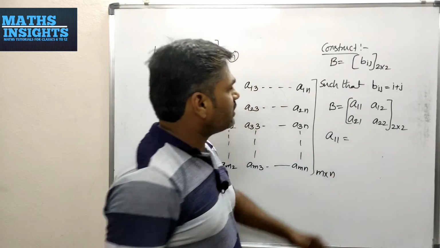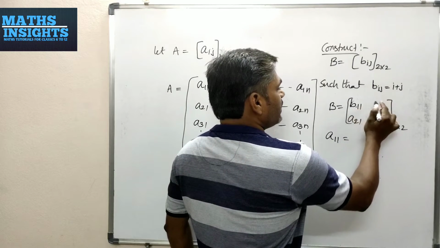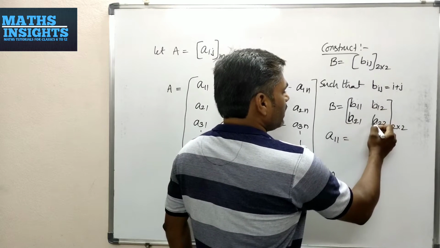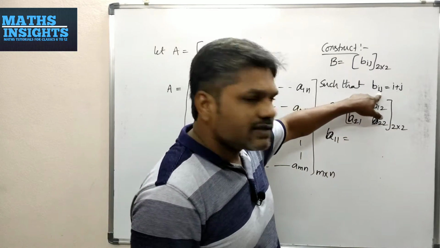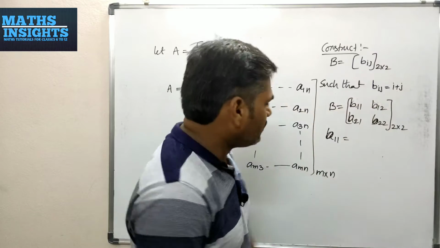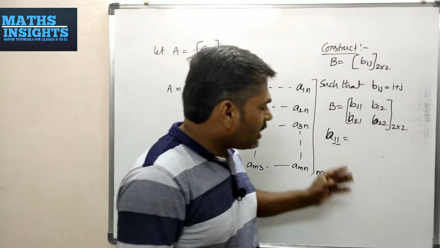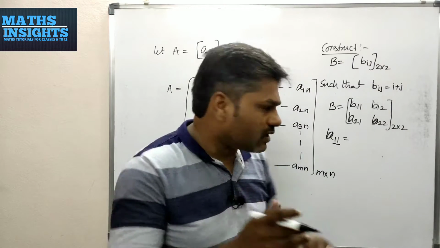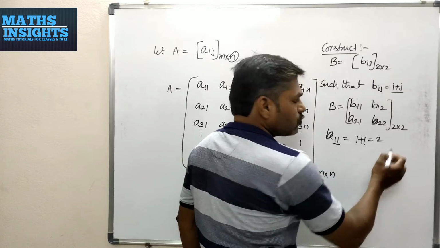What is the condition? Since it is a matrix B, I am writing B everywhere. Bij is given as i plus j. Therefore, for B11, the i value is 1 and the j value is also 1. i means row number, first row, first column. Then you add i plus j, 1 plus 1, which equals 2.